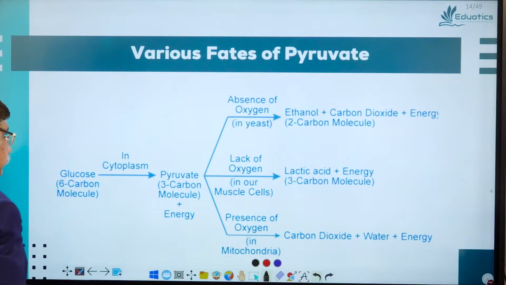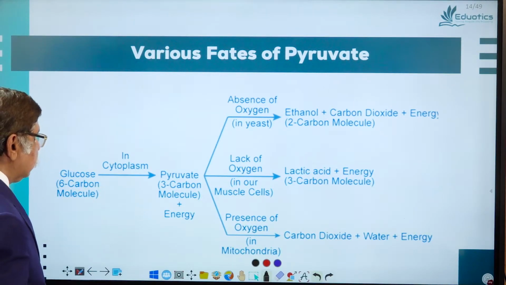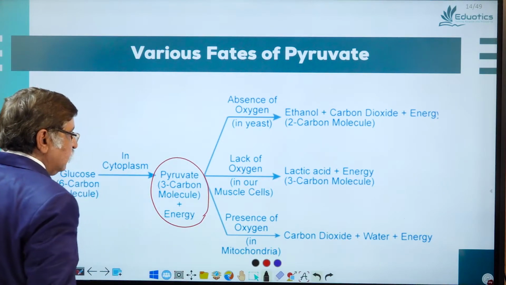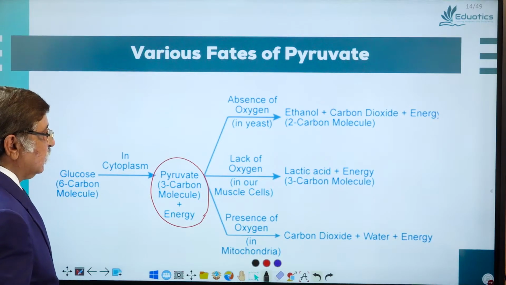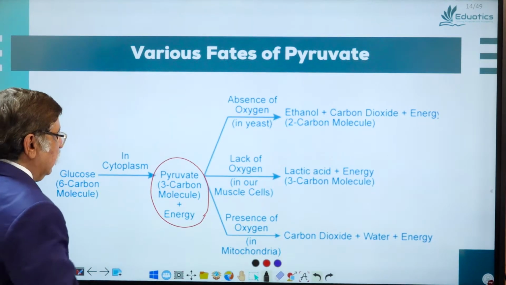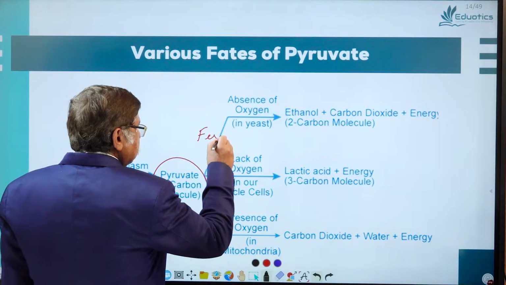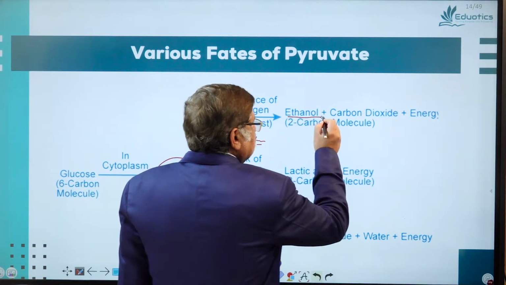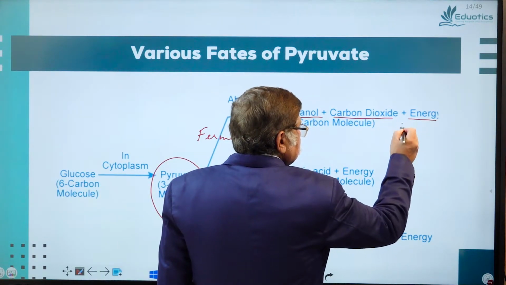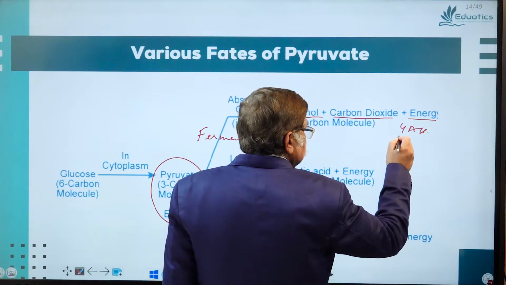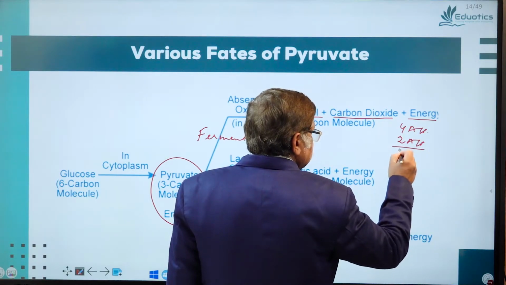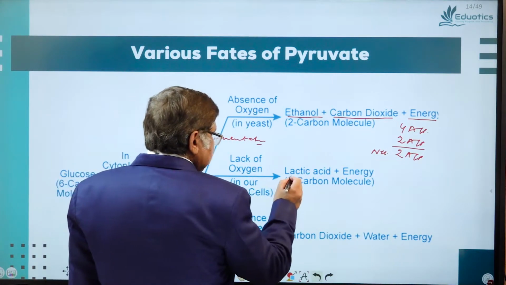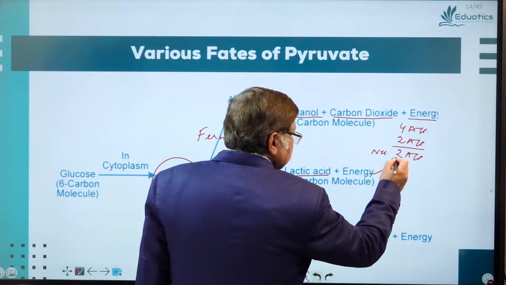This is how the NCERT talks about the fate of glucose. Pyruvate is a must. It is a common pathway. If it undergoes fermentation, it will yield ethyl alcohol, carbon dioxide, and energy. Total 4 ATP will be formed, 2 used, net 2. If the end product is lactic acid, the amount of energy formed is the same.